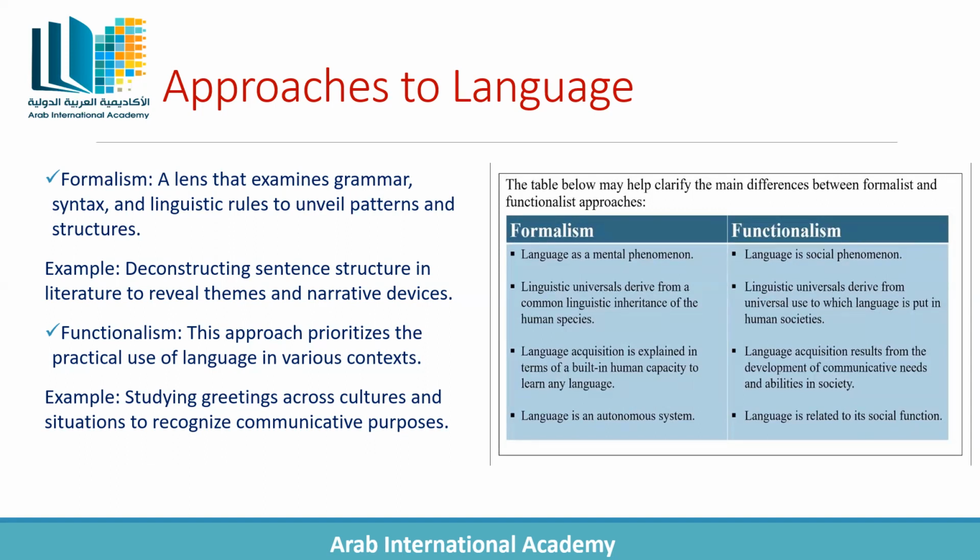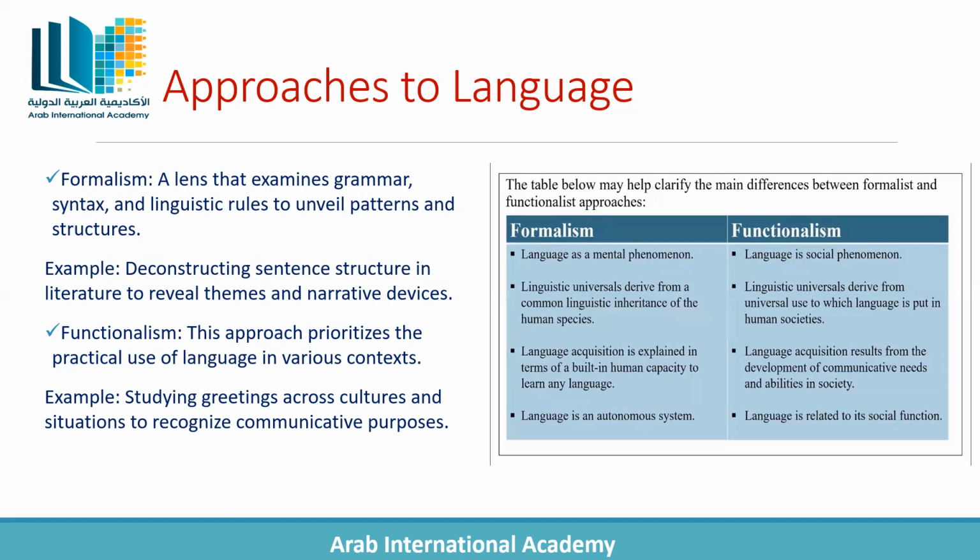Language acquisition is explained in terms of a built-in human capacity to learn any language, while in functionalism, language acquisition results from the development of communicative needs and abilities in society. Formalism, language is an autonomous system, while functionalism, language is related to its social function. So this table shows you the differences between formalism and functionalism.